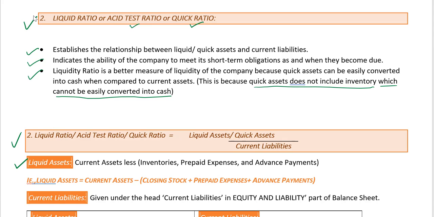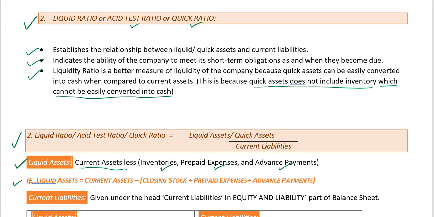To get the liquid assets, when we have the amount of current assets, we will take the current assets and subtract these three items, which is the inventories, prepaid expense and advance payments.